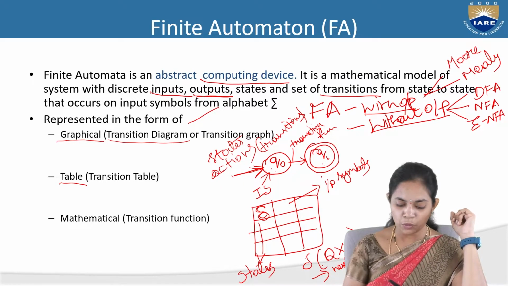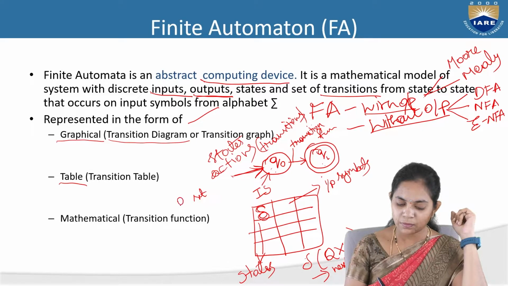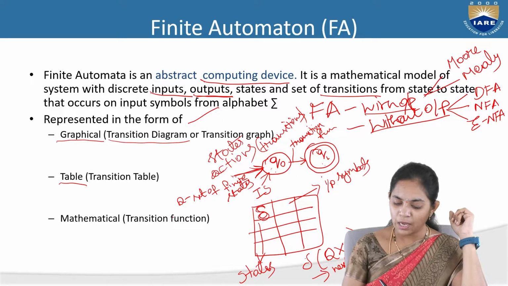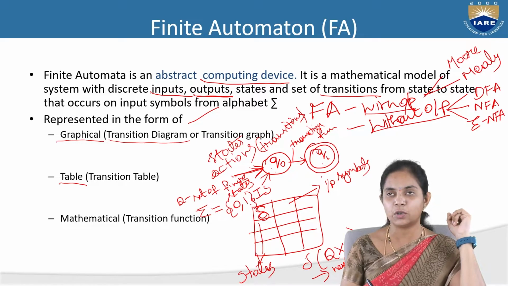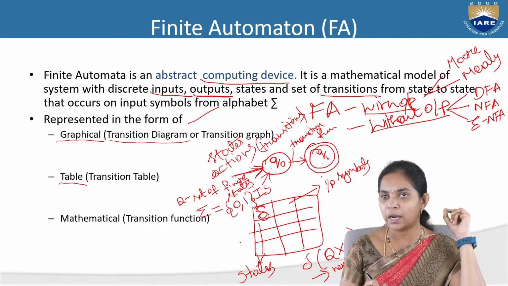Here Q contains the set of finite states, and sigma is the alphabet which we already discussed. If you take binary, it is 0 and 1, so we have the symbols 0 and 1.